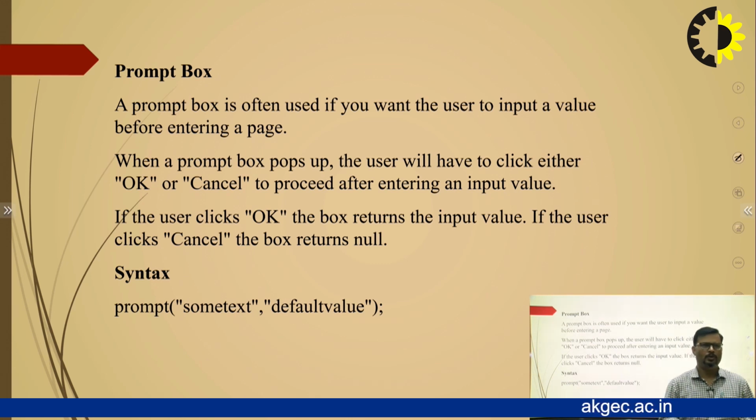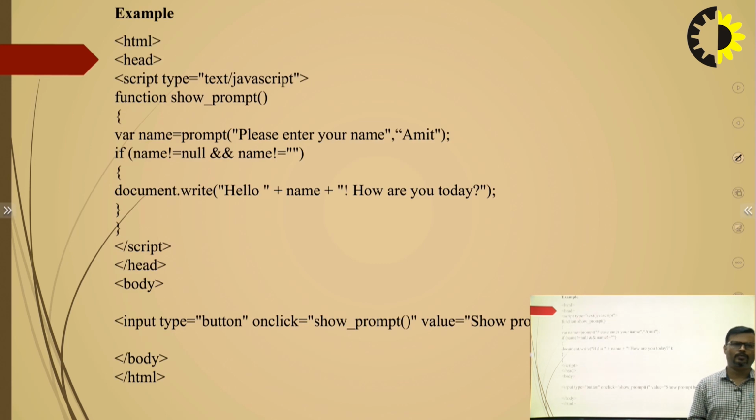When a prompt box pops up, the user will have to click either OK or Cancel to proceed after entering an input value. If the user clicks OK, then the box returns the input value. If the user clicks Cancel, then the box returns null. Then prompt, some text, default value.